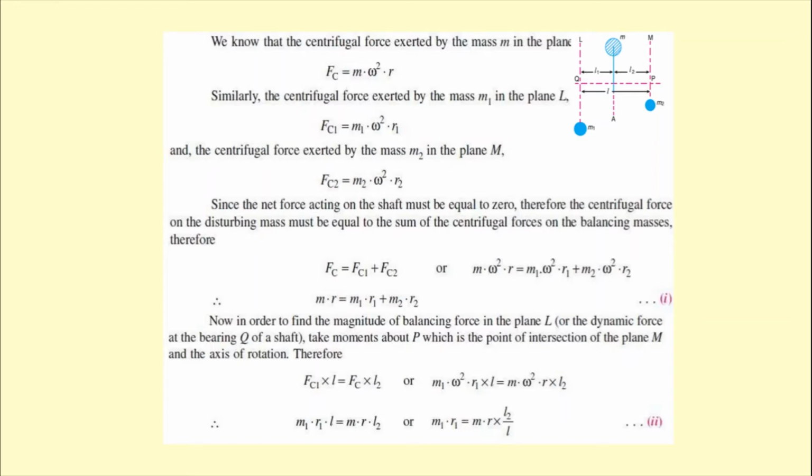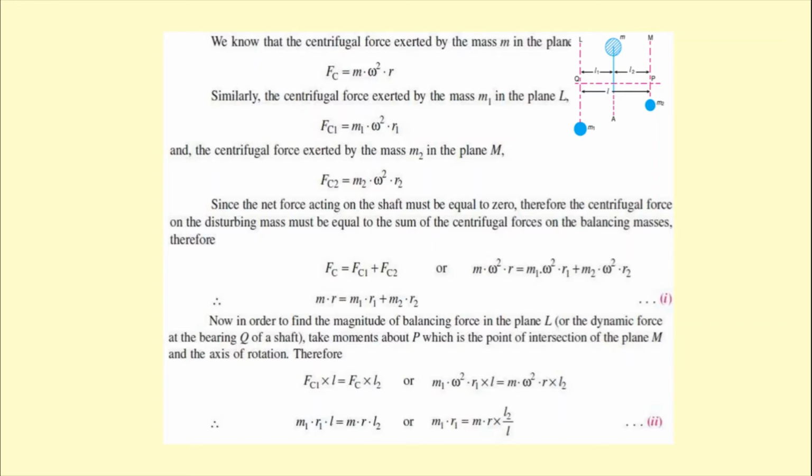Now in order to find the magnitude of the balancing forces in the plane L, for dynamic force, and on the bearing on the shaft, taking moments about point P, which is the point of intersection of the plane M and the axis of rotation, we get Fc1 into L equal to Fc into L2.